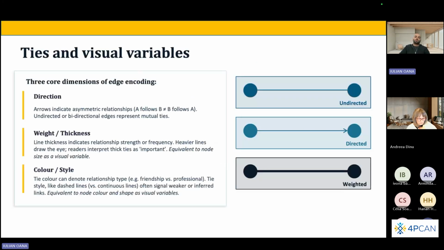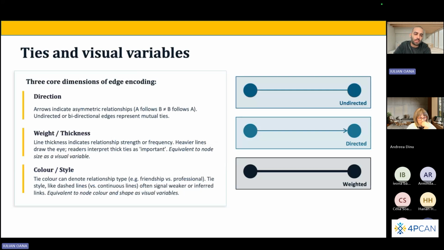Now, of course, because we have the second element in the network, the ties. Here we also have some visual variables which correspond to what we've talked about earlier about nodes.